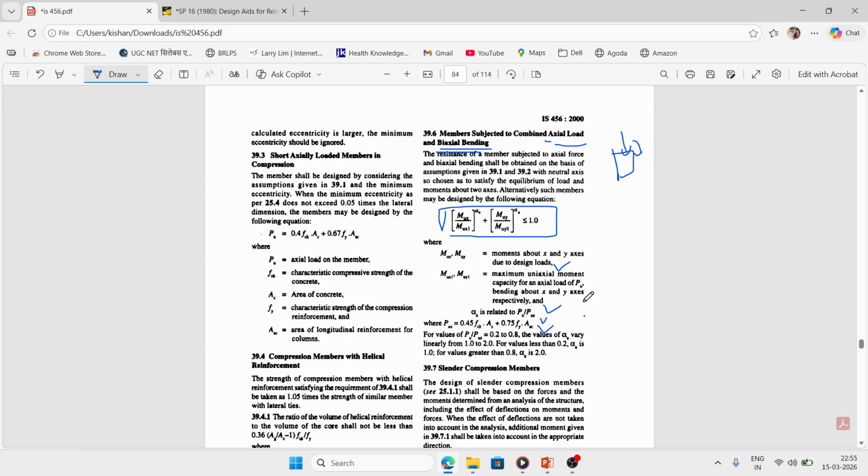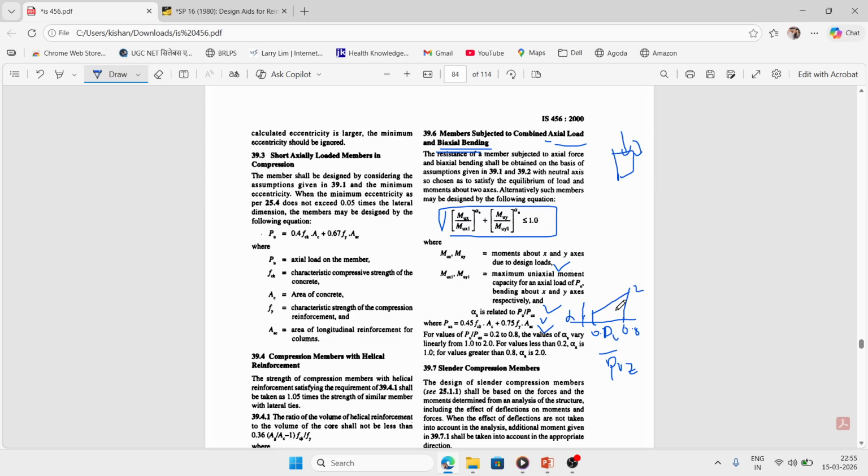That means if I draw the axes, PU by PUZ and alpha, if PU by PUZ is 0.2, the value of alpha is 1, and at PU by PUZ of 0.8, the value is 2. So this varies linearly.